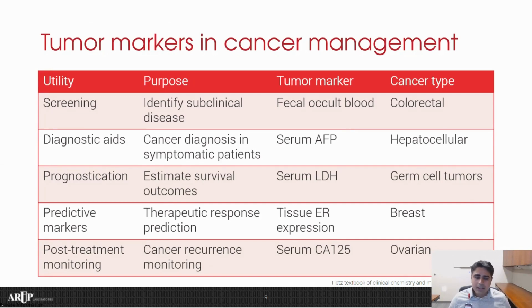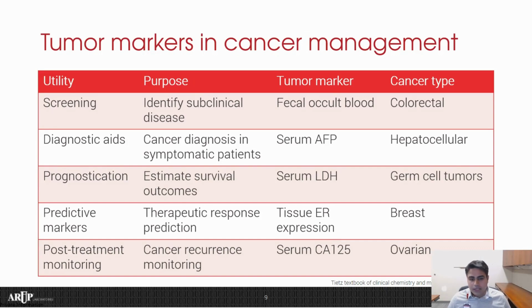And lastly, and most commonly, tumor markers are used in post-treatment monitoring. There are 2 ways post-treatment monitoring might happen. The first way is that before treatment, a specimen might be collected and the level of tumor marker estimated, and immediately after treatment, the level of tumor marker might be estimated to gain a sense of the effectiveness of the therapy.